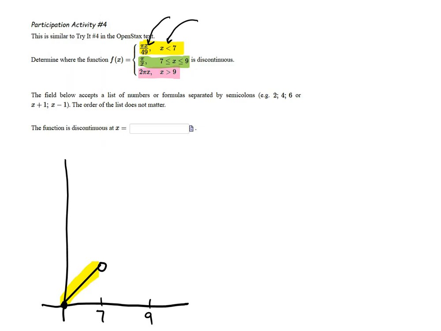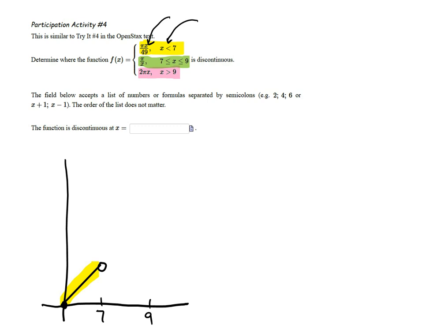So that's your yellow function. All right. The green one is pi over x, and that is for every x value between 7 and 9. So that would include the 7 and the 9 with an equal to. Let's go up to the yellow one again.